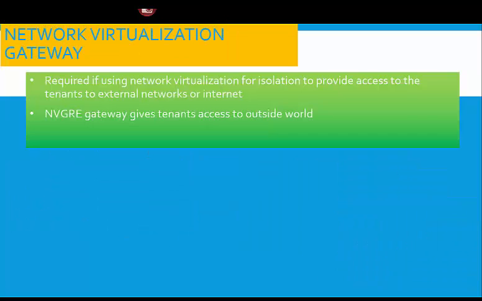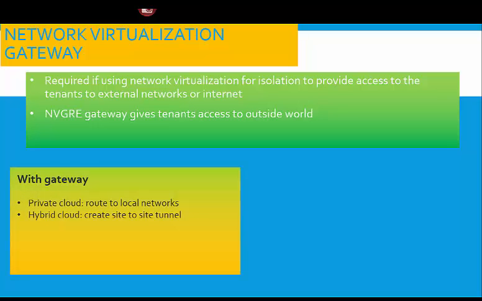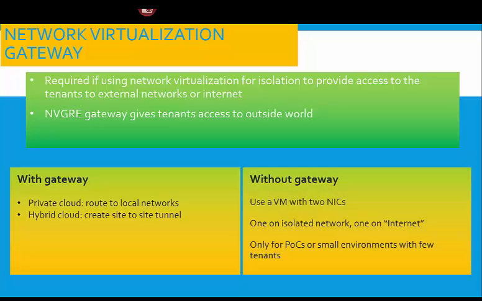Network virtualization gateway. Required if using network virtualization for isolation, to provide access to the tenants or external network, the internet. To connect to virtual networks or other networks, you can configure the virtual network with a gateway.